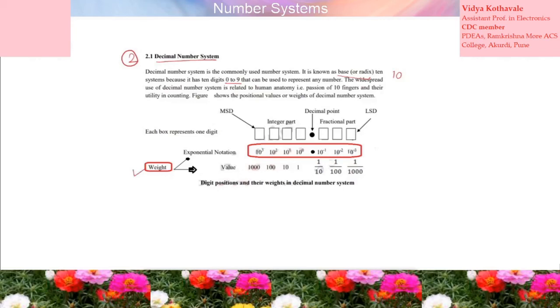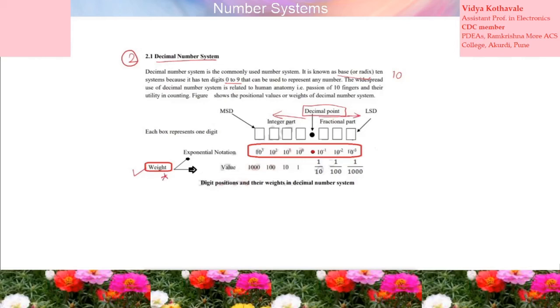As with the binary number system, instead of a binary point we have the decimal point, and then we have the integer part towards the left and the fractional part towards the right of the decimal point.